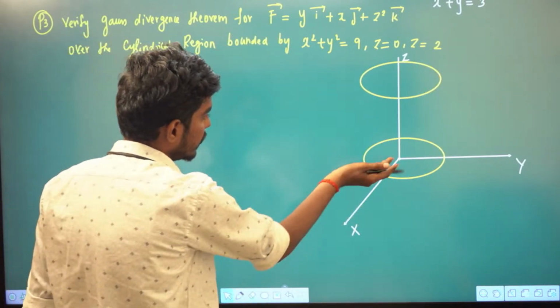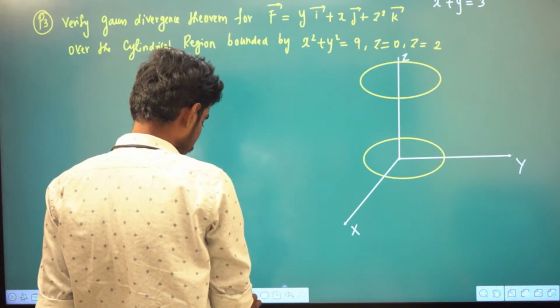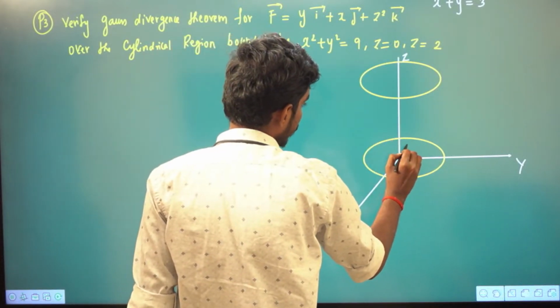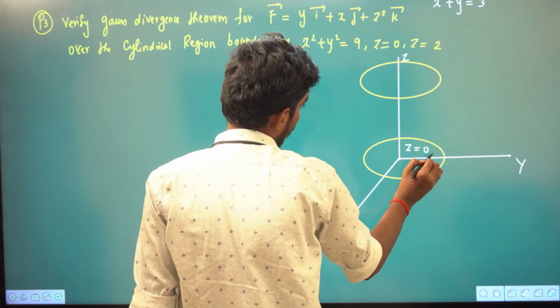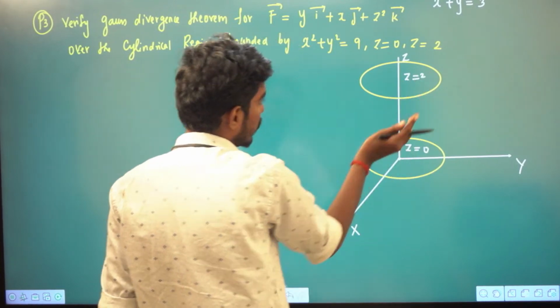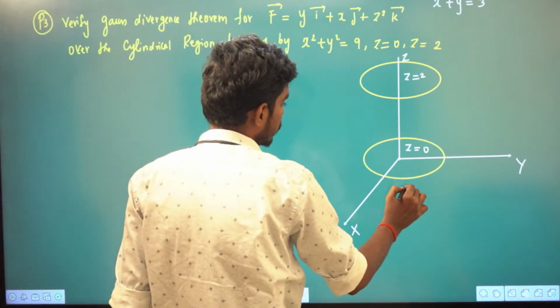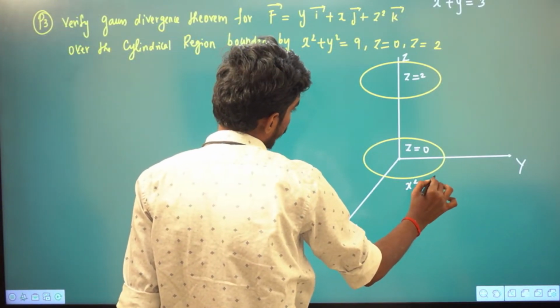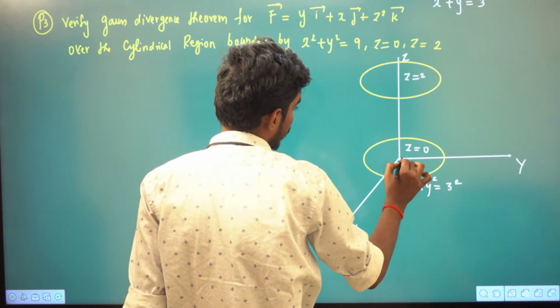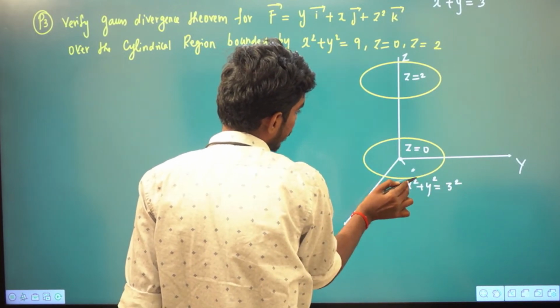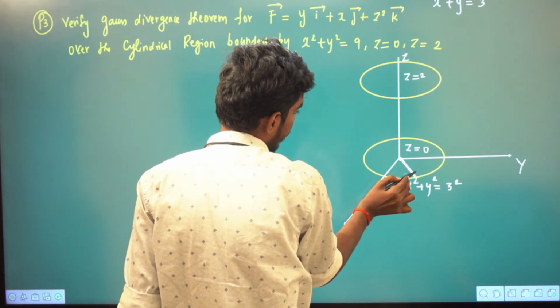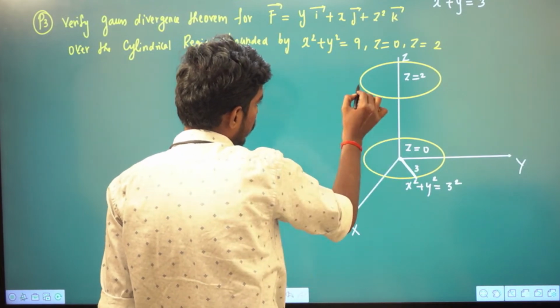So this is z is 0, z is 2. Right here, z is 0 and for this z is 2. So it is 2 units top of z. This is x square plus y square is equal to 3 square. This is center, radius is 3. And we have a cylinder.